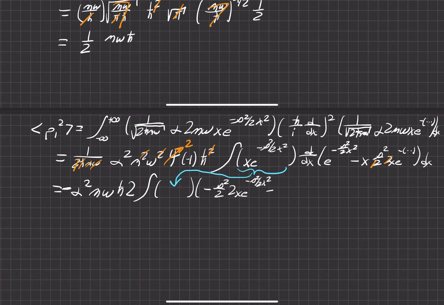So this will be negative 2x rho squared e to the negative rho squared over 2 x squared. And then here's our x squared, rho squared times what's inside here. This is chain rule. It's a negative dot, dot, dot, and parentheses dx.